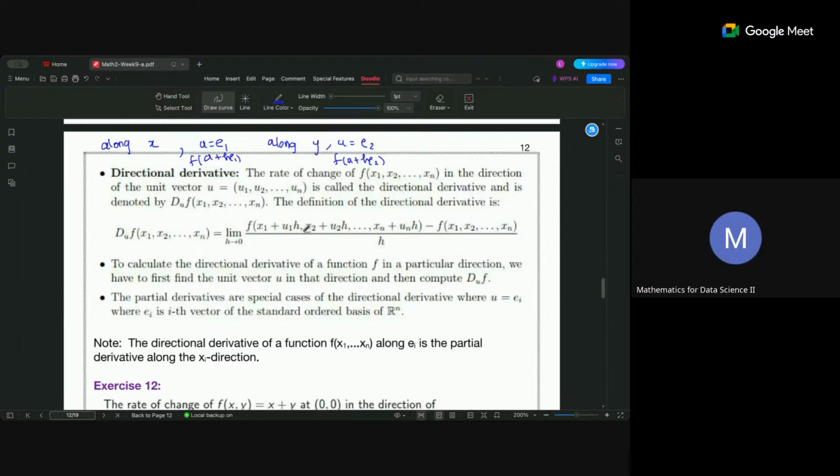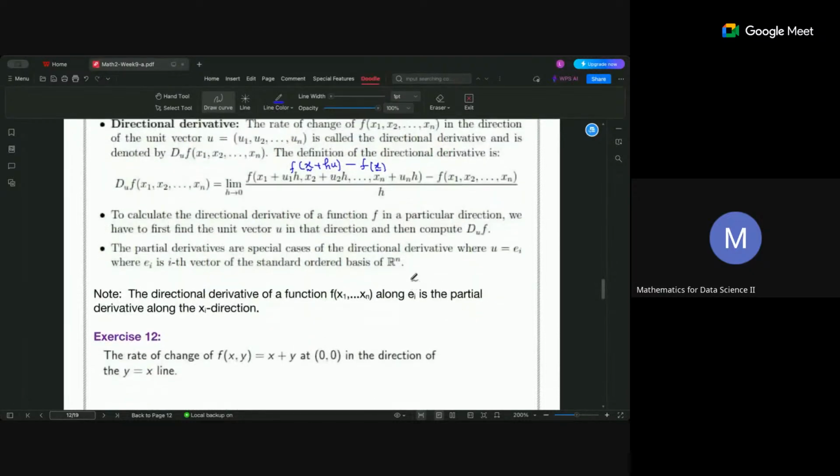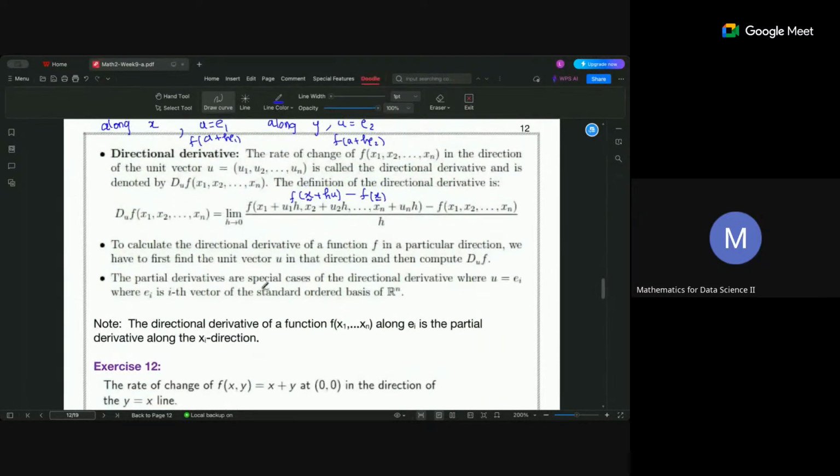So f of x tilde plus hu minus f of x tilde. Instead of e1 or e2 I am using some other unit vector u. This is the directional derivative. Directional derivative means in some particular direction.